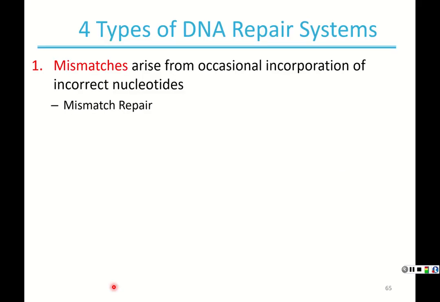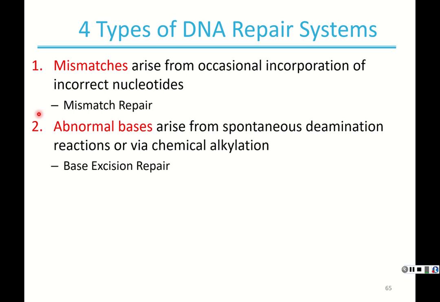All right, so let's look at the four types of DNA repair systems. The first one we'll talk about is covering mismatches. Okay, and these arise from occasional incorporation of incorrect nucleotides. So you have the wrong nucleotide being incorporated, that's a mismatch. You do mismatch repair for that. The second one is for abnormal bases. Those arise from spontaneous deamination reactions or certain chemical reactions that occur.